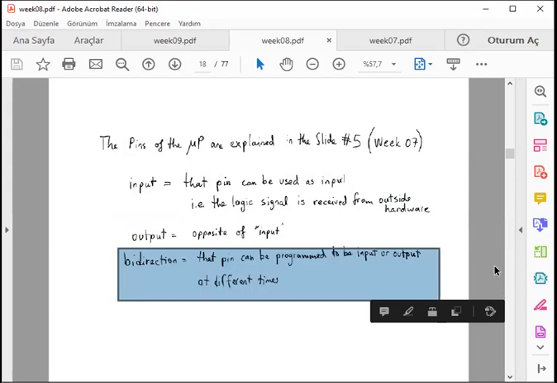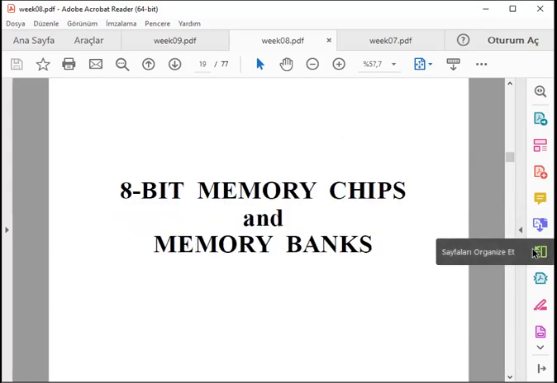Any pin of the chip can be defined as input. Actually, those are usually factory defined. You don't program the chip pins. You cannot program all the chip pins. Some of them can be input and output depending on the multiplexing of the address and data.